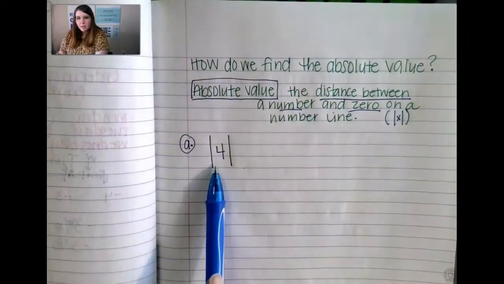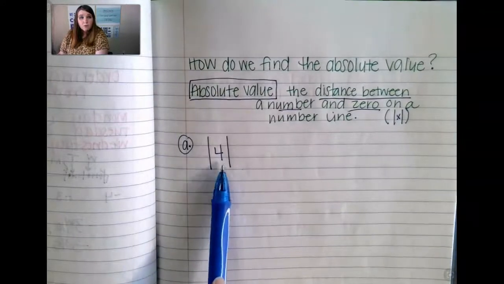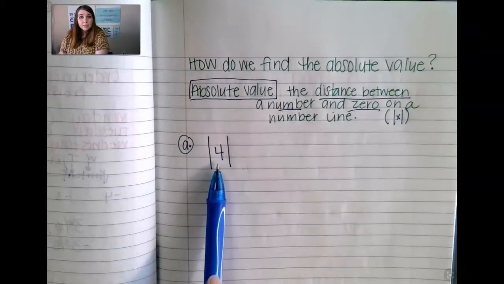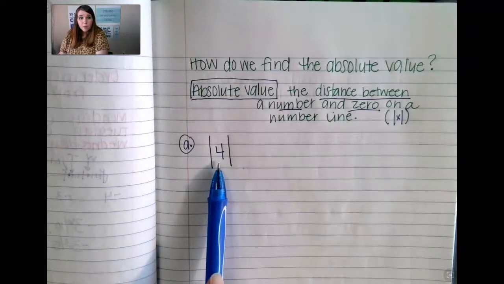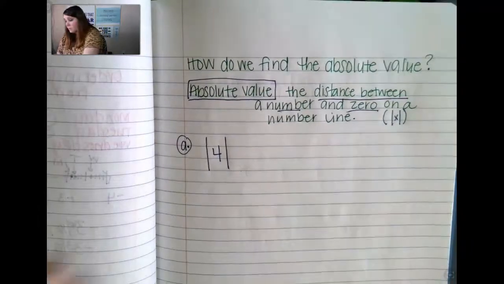For example, this says how far away from 0 is the number 4. Well, the number 4 is 4 jumps away from 0.